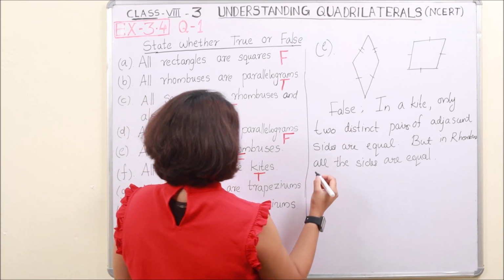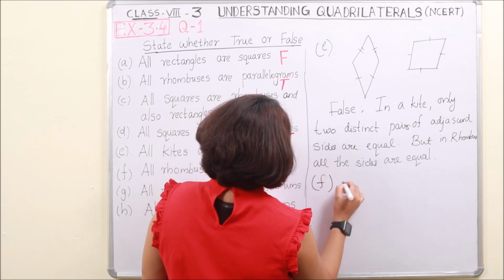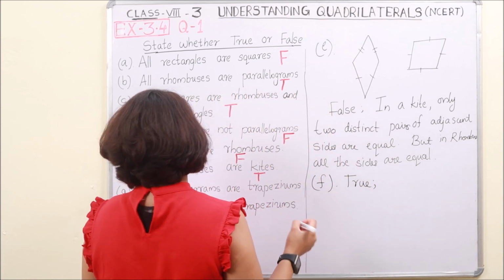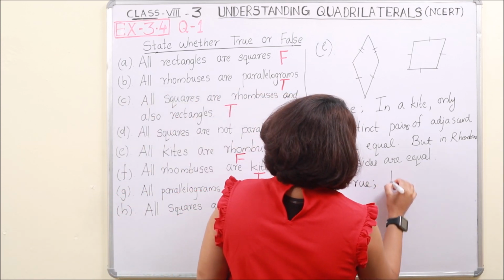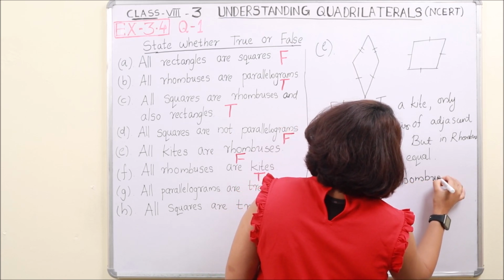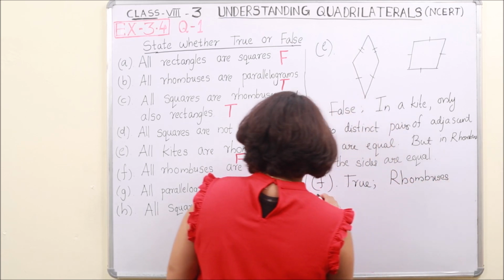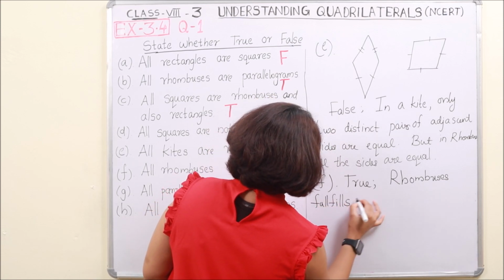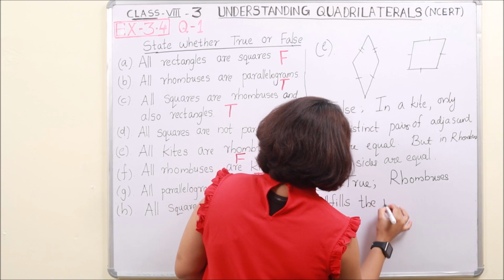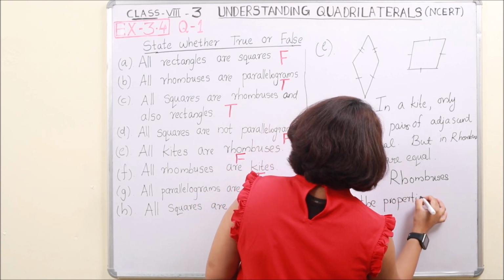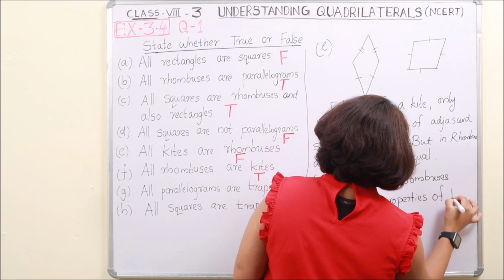And the reason is rhombuses fulfill the properties of kites.